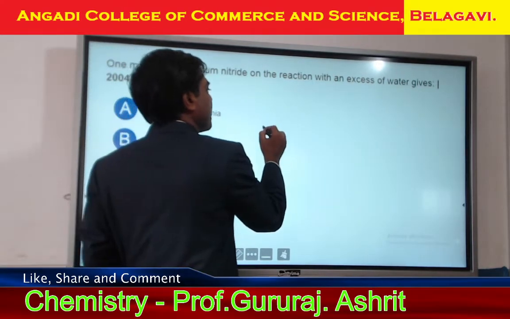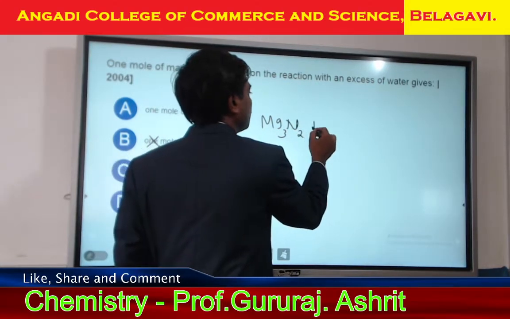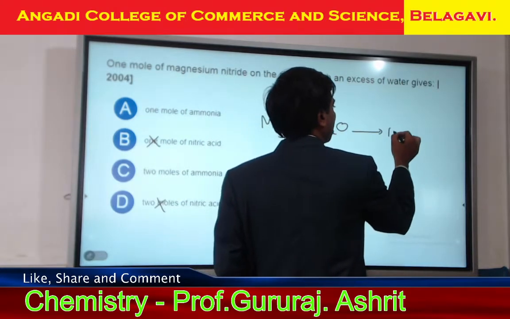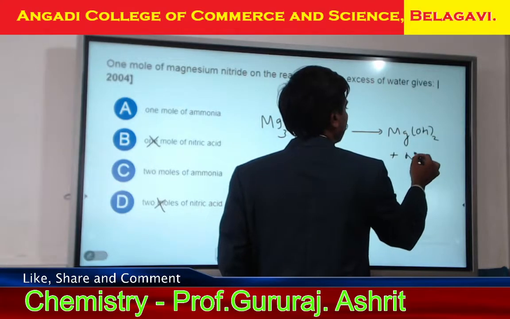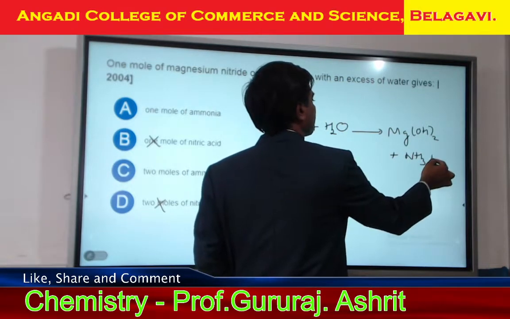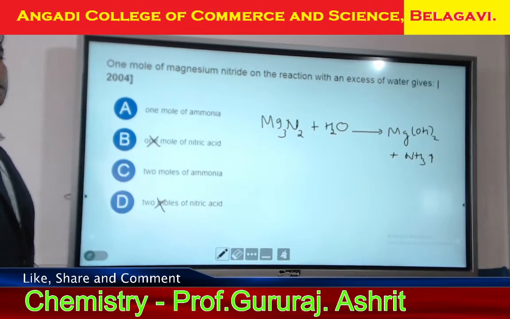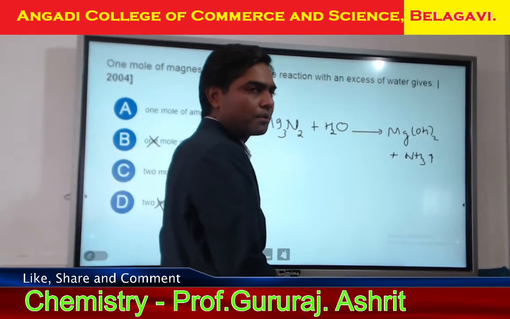Let's see. Magnesium nitride formula is Mg3N2 plus H2O. When you react this with water, you get Mg(OH)2 plus you will get ammonia gas. This is the actual reaction. So for this reaction I can tell that only 1 mole of ammonia is formed, but it is not balanced.